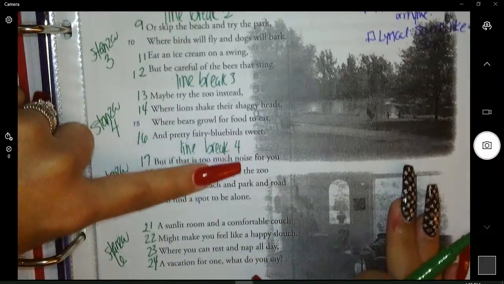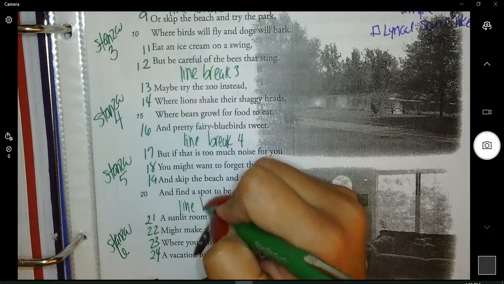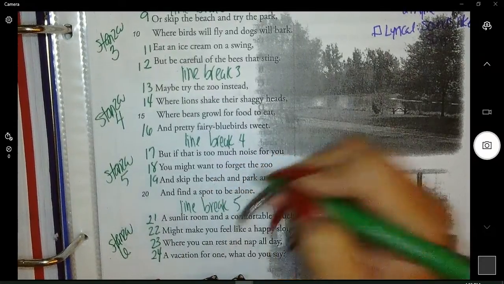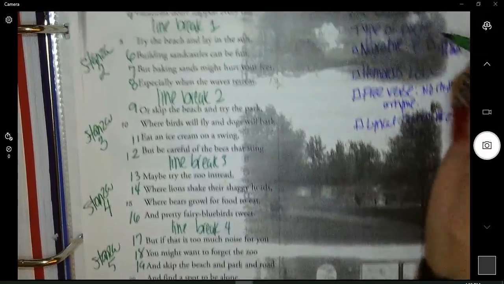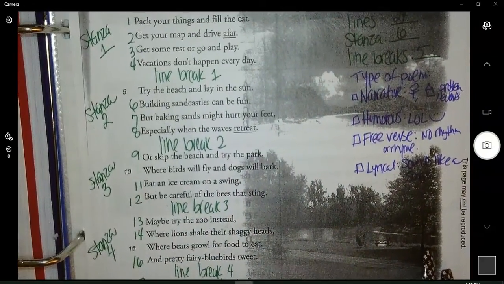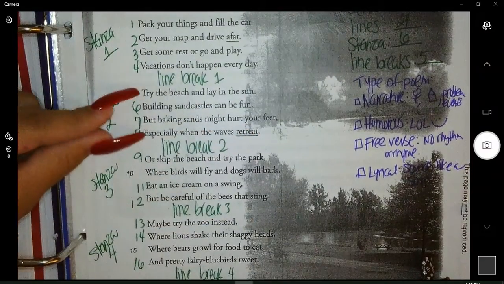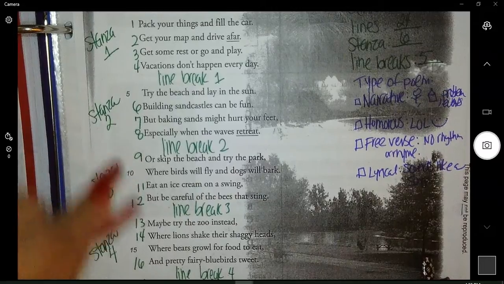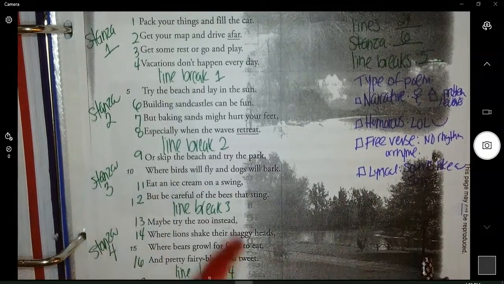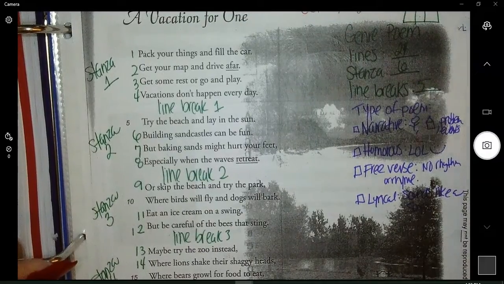So how many line breaks do I have in total? I have 5. Great job. So I have a total of 5. I'm going to put it right here in the side. Remember, line break is anything that your finger fits. A stanza looks like a little paragraph. So these are stanzas. If there's a space in between, that's a line break. So I have 24 lines, 6 stanzas, 5 line breaks.